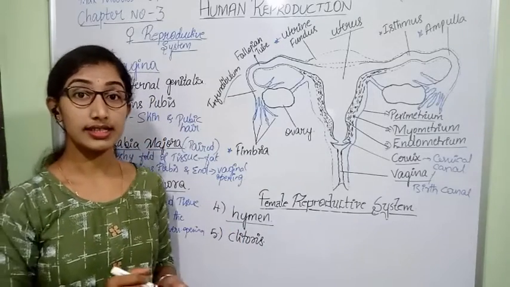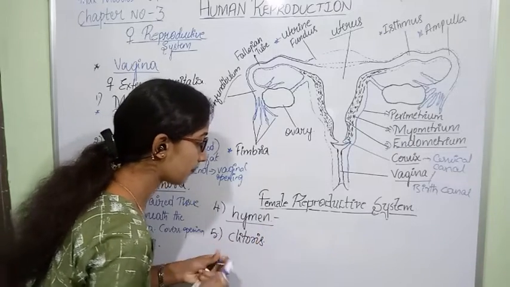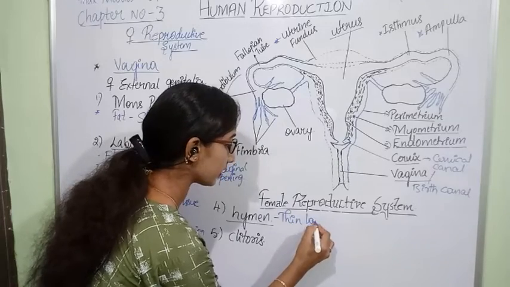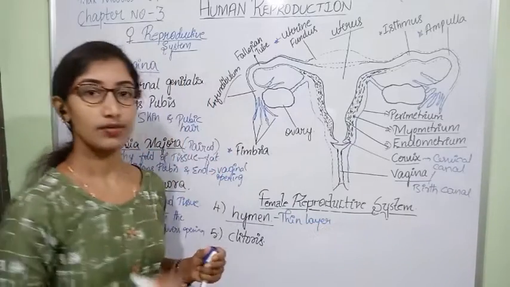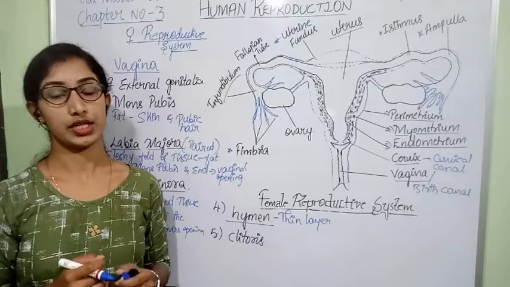Hymen is a thin layer which covers the opening of the vagina.